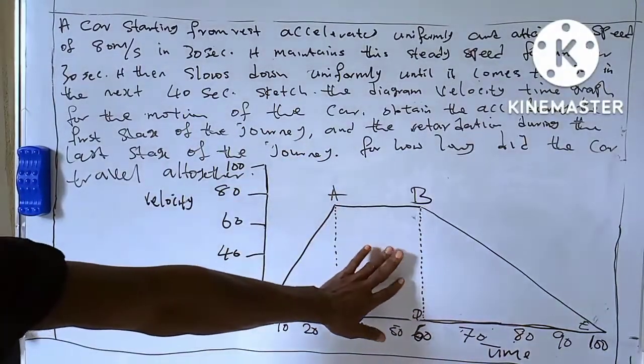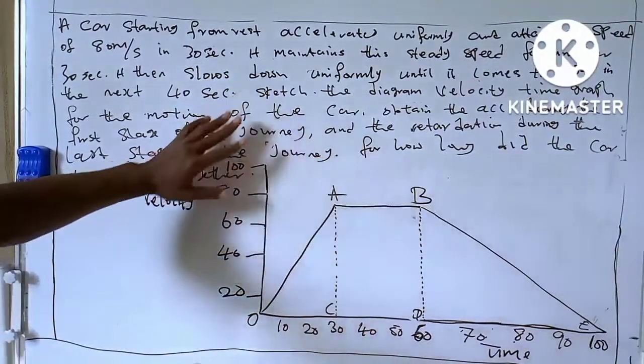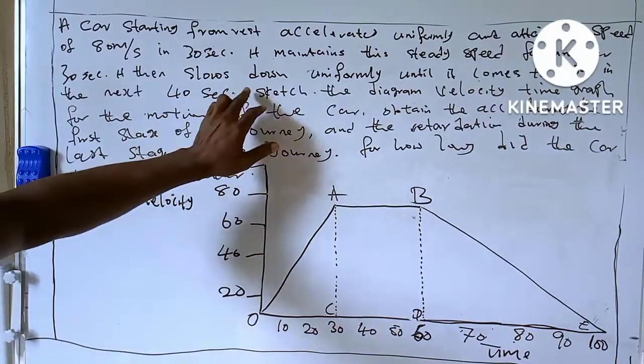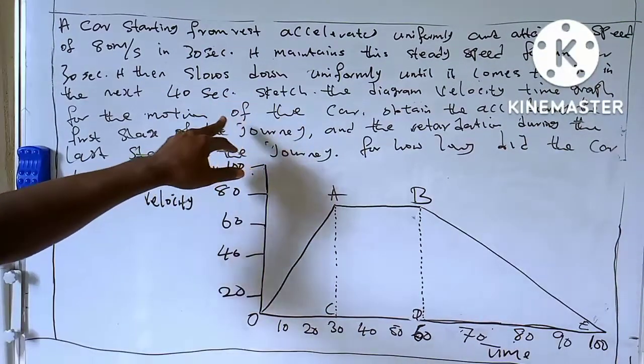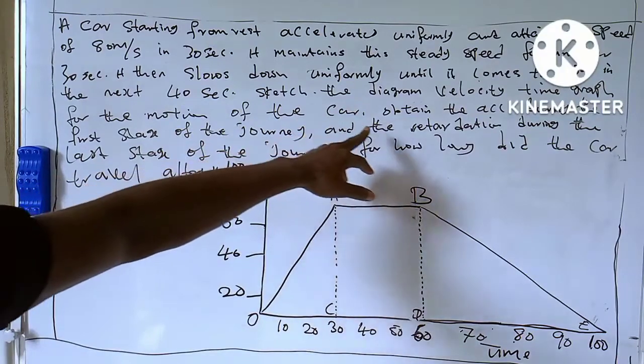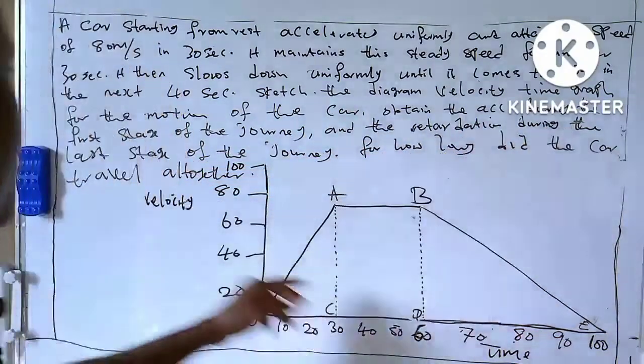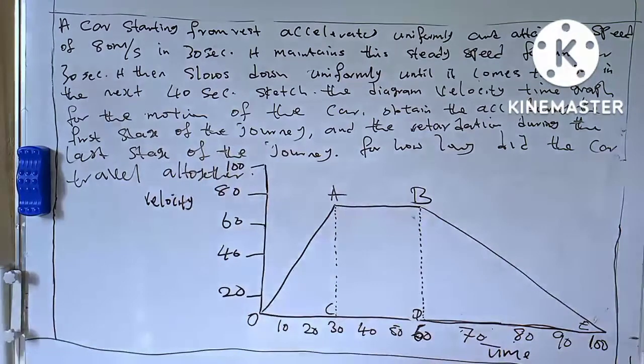So we have answered the first question. So the second question is what? Sketch the diagram. Obtain the acceleration during the first stage of the journey.